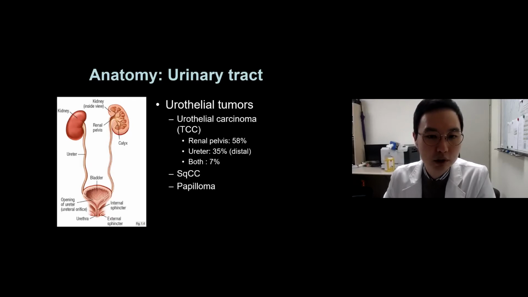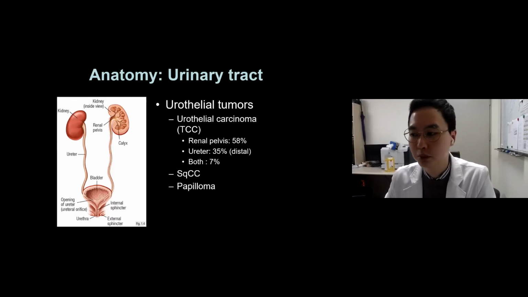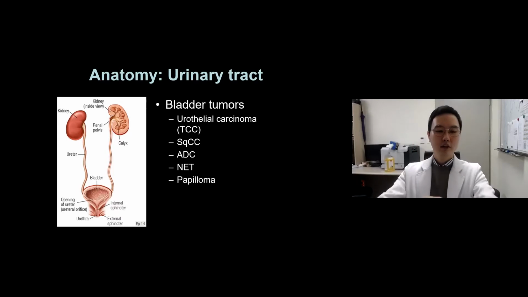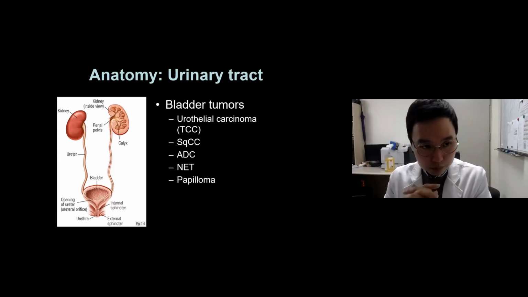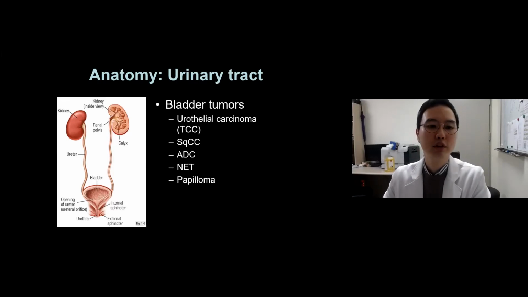More than 90% of tumors arise from the bladder. The renal pelvis and ureter are much less frequent places for transitional cell carcinoma to arise. Likewise, bladder tumors include urothelial carcinoma, squamous cell carcinoma, and adenocarcinoma. However, the most prevalent is urothelial carcinoma.